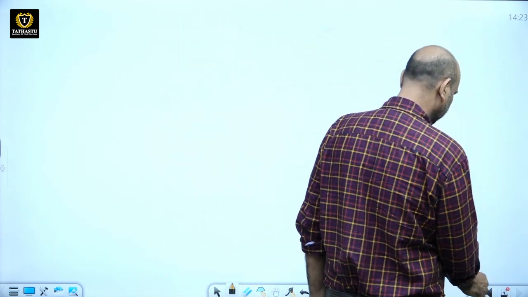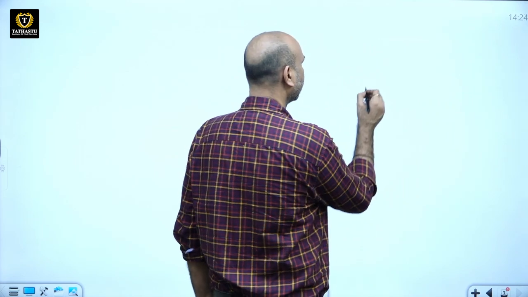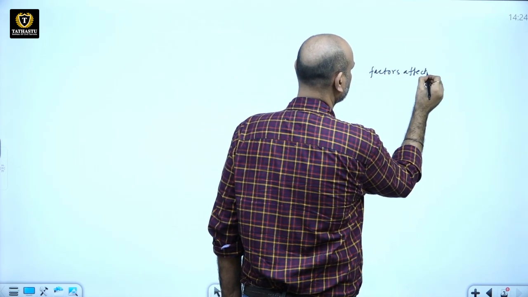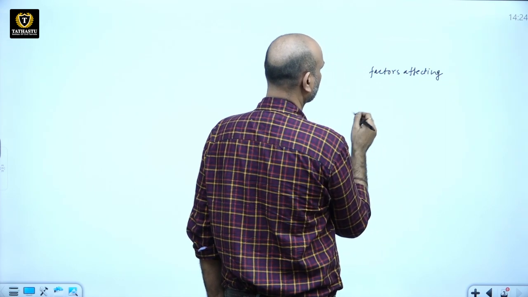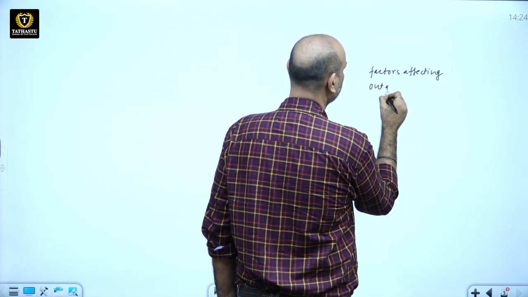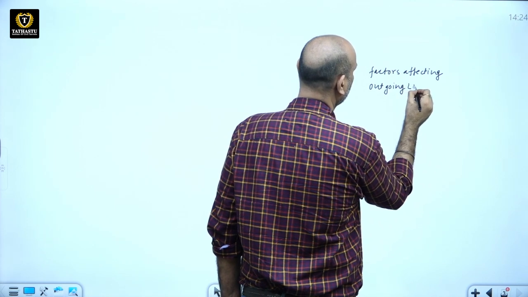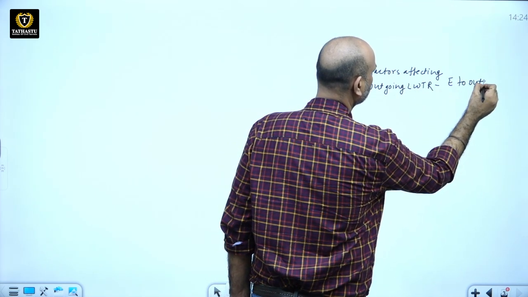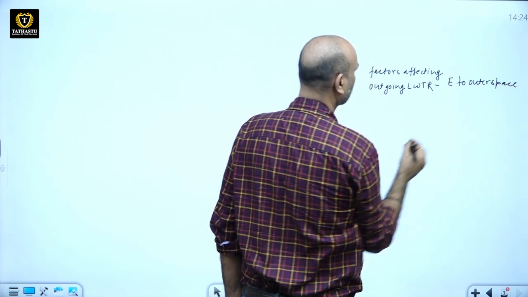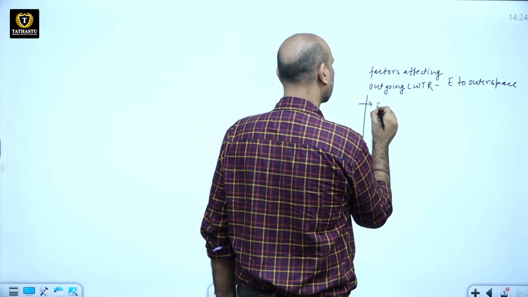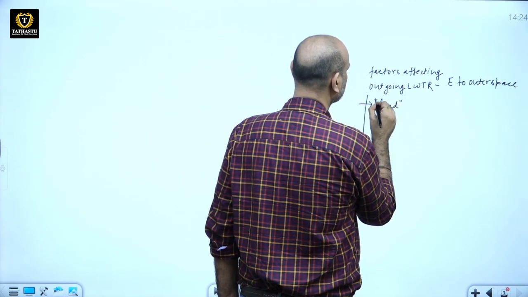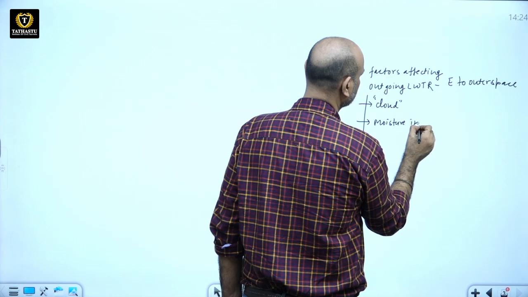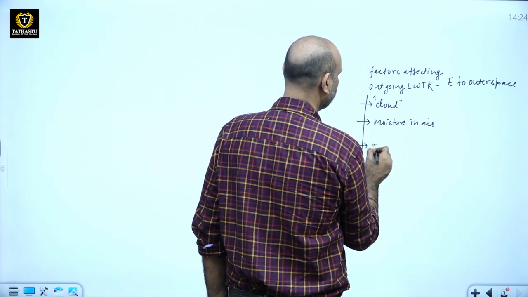Now, factors affecting outgoing long wave terrestrial radiation from Earth to outer space. That is again cloud, moisture in air, suspended particulates.